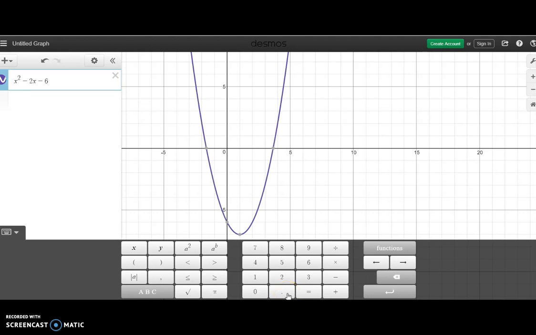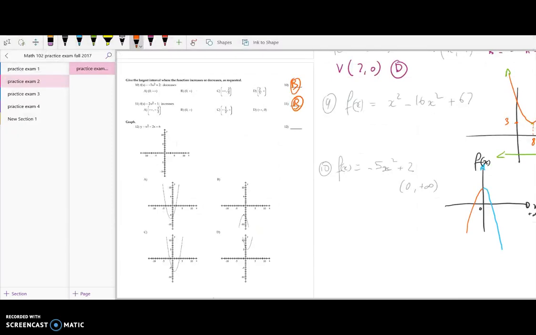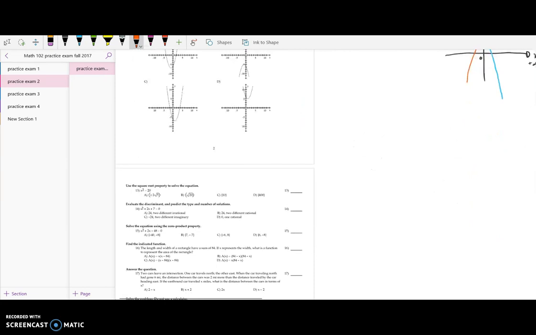And I see that there is a very particular point. And now if I compare this graph that I have right here with the set of solutions that is given to me, I can see that for question number 12, the answer is C. Okay? All right, let's move on.